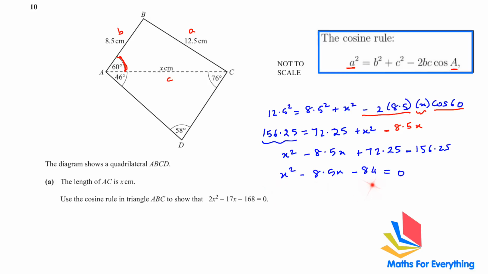This is not similar to the answer that we are looking for. What do you notice? There's a 2 here. Multiply each term by 2. And when you do that, you will get 2x squared minus 17x minus 168 is equal to 0. So we are done with this part of the question.